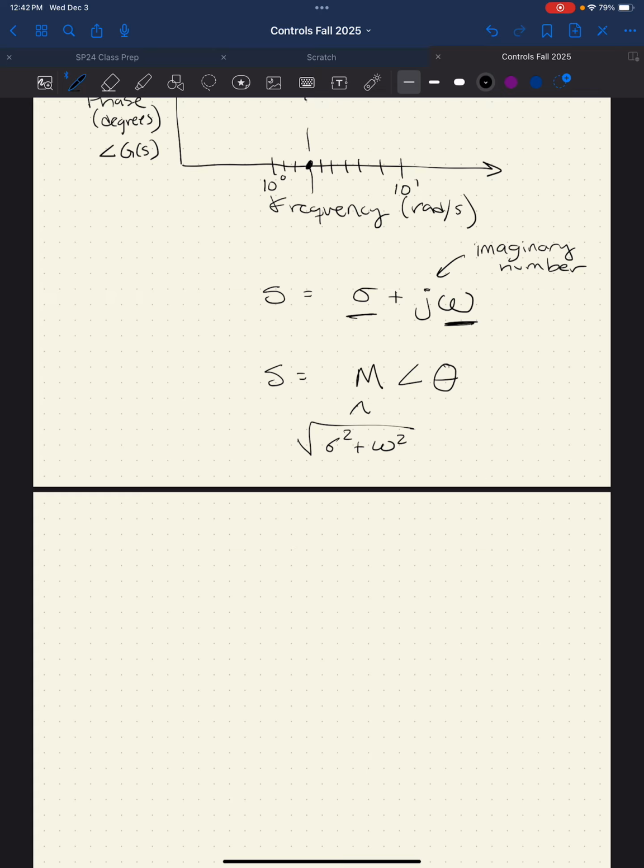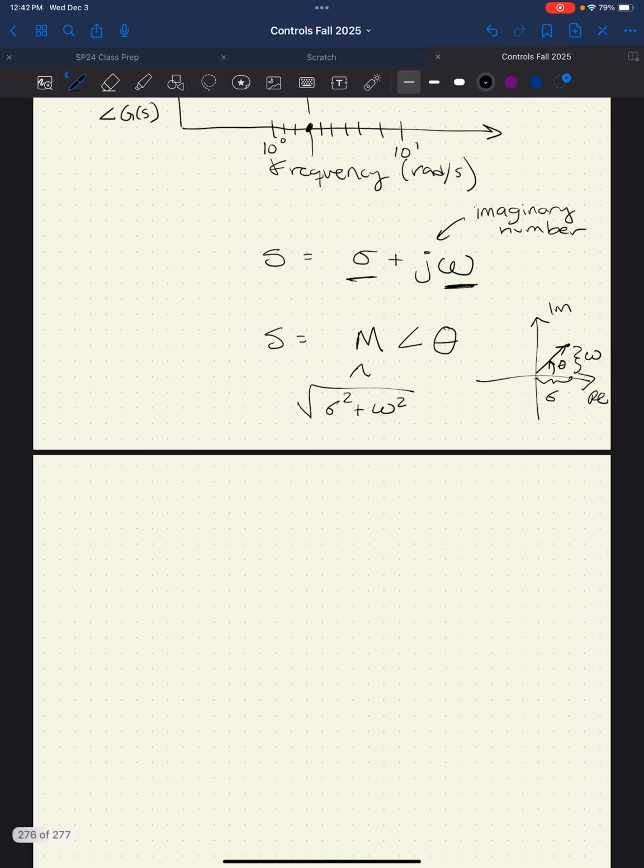And the angle is, if you were to draw this as a vector on the real imaginary plane, where you have some sigma and some omega, the angle between the real axis and that vector that points to that complex number.